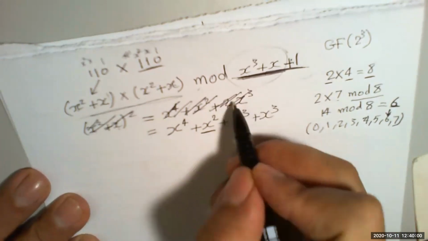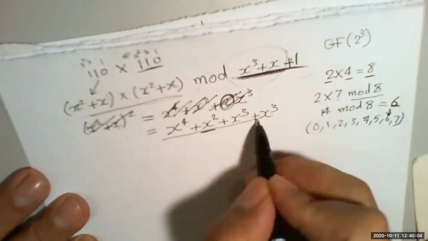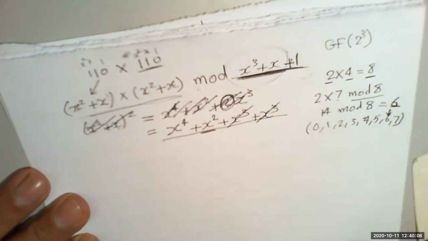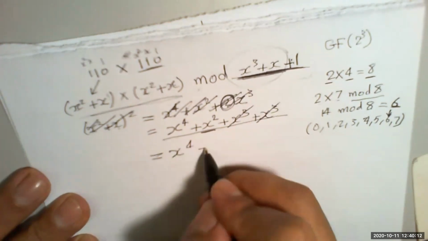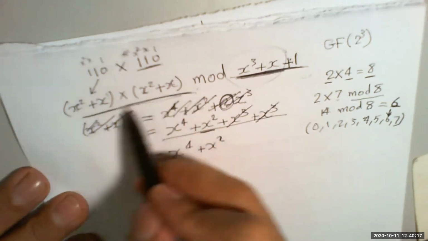There's no 2 here. This is not true. But here it is true, just because I can get rid of that with that, because we have the XOR operation. So the result is x to the power 4 plus x squared. This is the result of multiplication.